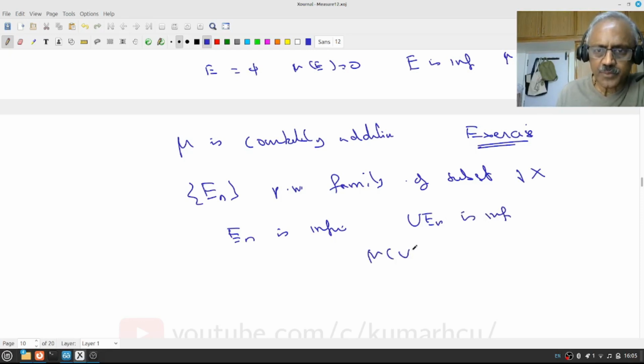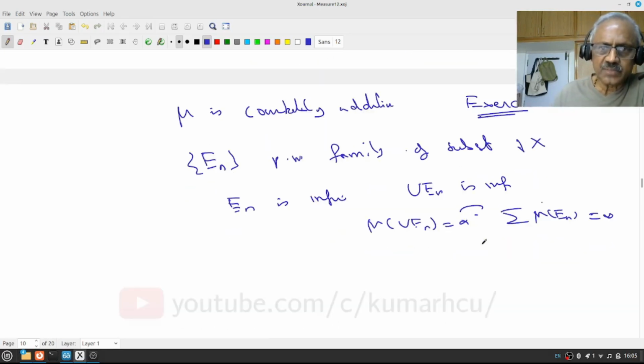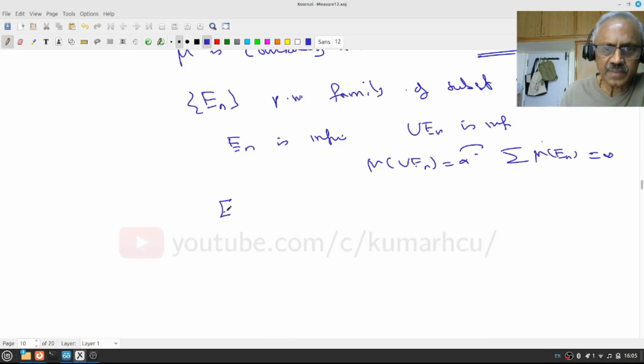Therefore, mu of the union of E_n is infinity, and in the summation of mu of E_n, one of them is infinite and all of them are non-negative, therefore it is also infinite, therefore equality holds. So the only remaining case is when every E_n is finite.